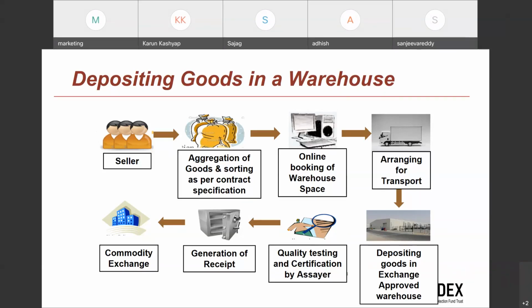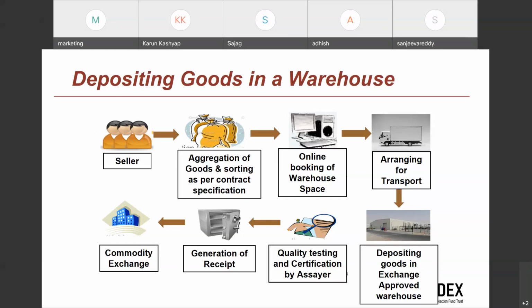But if some lab testing is required, then the commodity is unloaded if it is good physically, and the samples are sent to the lab agency, which may be at a place other than the warehouse, and the warehousing agency has to wait for the quality assessment. Once the quality assessment comes from the assessor and it is approved, its e-receipt is generated. If it is not approved, then the depositor has to withdraw the commodity from the warehouse.